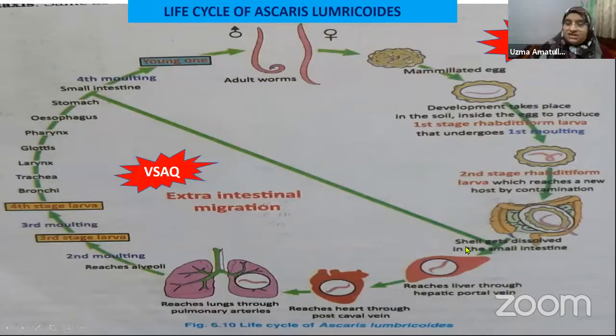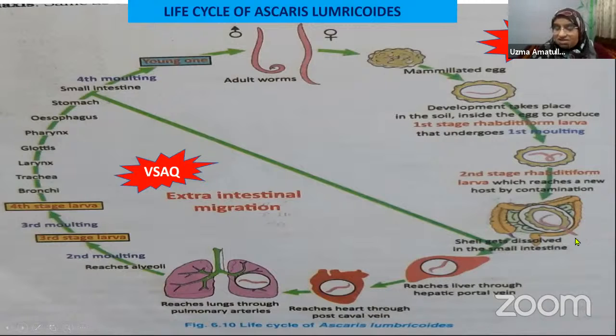Then what happens? The outer shell gets dissolved because of the action of the digestive enzymes. And then this larva is released. It comes out, and then it will reach the liver. How will it reach? Through the hepatic portal vein. From the intestine, it will come into the blood circulation.